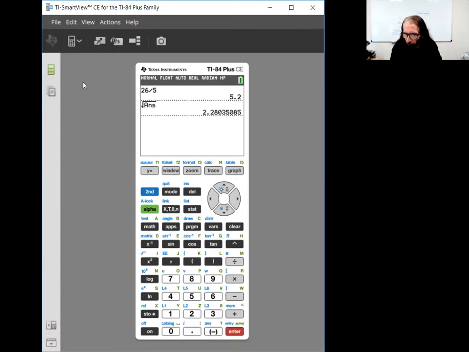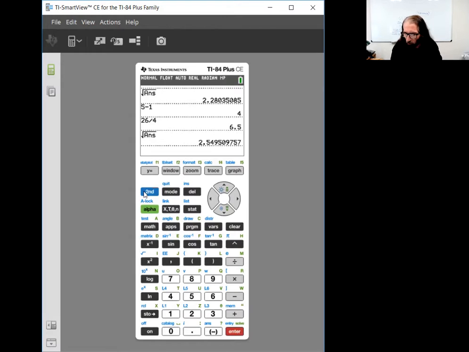Whereas if our data came from a sample, we're dividing the 26 by 4. That gives us our sample variance, s squared. Taking its square root, we will get s, the sample standard deviation.